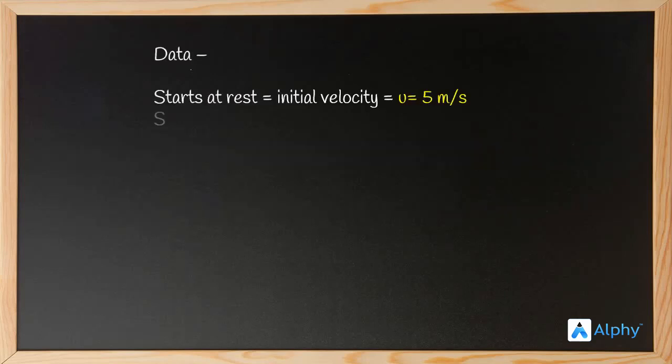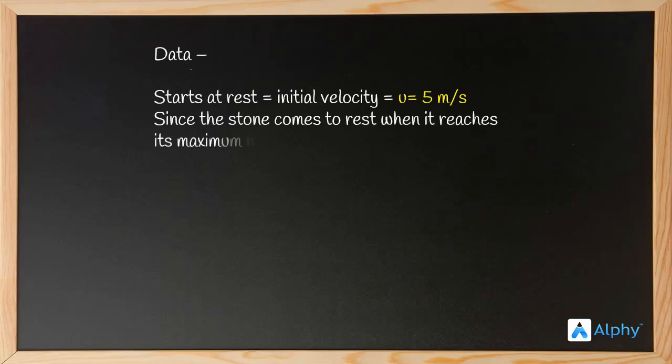It starts with initial velocity u equal to 5 meter per second. Since the stone comes to rest when it reaches its maximum height, final velocity v equals 0. I'm saying it starts at rest and still I have given its initial velocity, because it attains that initial velocity because of your hand, right?